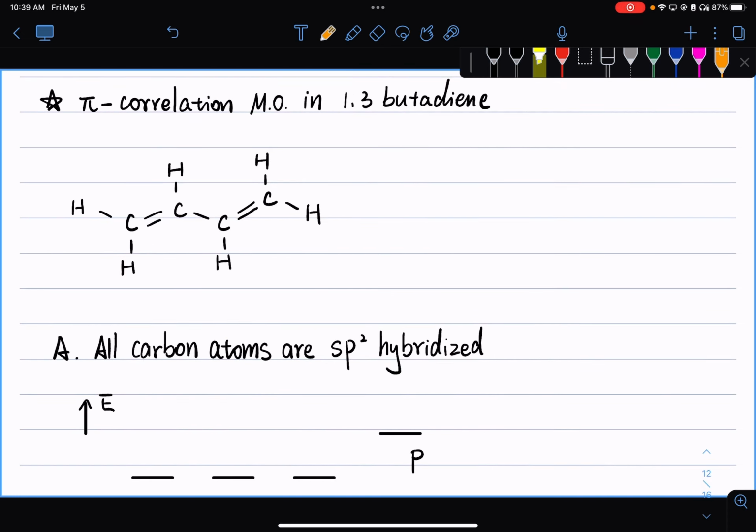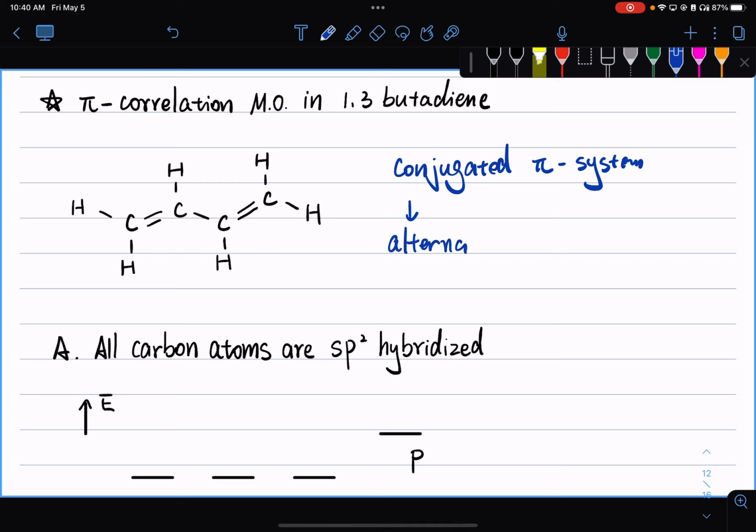Moving on to look at the pi correlation molecular orbital of 1,3-butadiene. Here, again, what we have is a conjugated diene, and the characteristic is alternating single and double bonds.